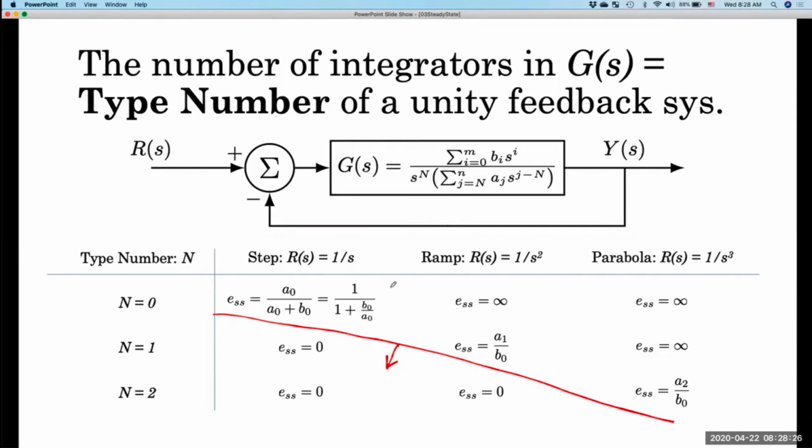Professor, I was looking at a pattern. I just wasn't sure if it was right. I'm noticing that when n is 0, the 1 over s ends up being a constant. And then when n is equal to 1, the steady state would be 0 for the step, and then the next one would be a constant.